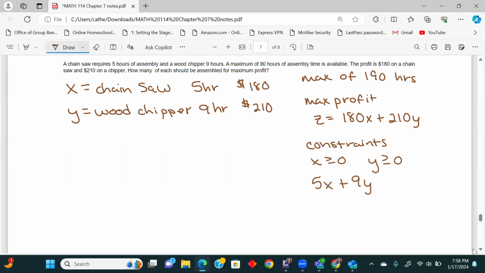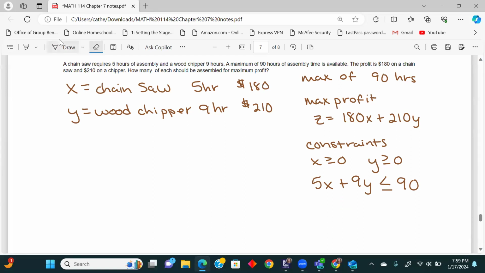The maximum number of hours they have is 90. I don't know where I got the 190 from. So the hours that they use has to be less than or equal to 90. They can use 90 hours, but they can't use over 90.